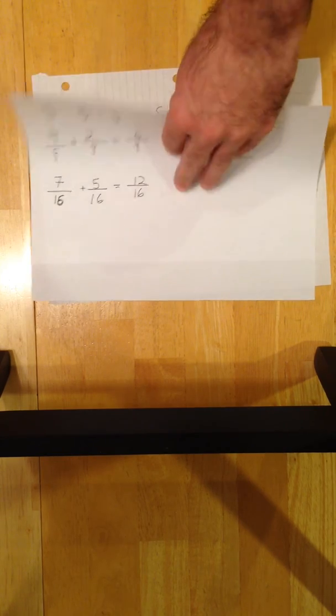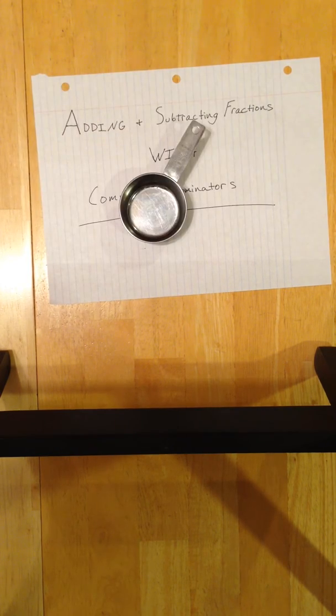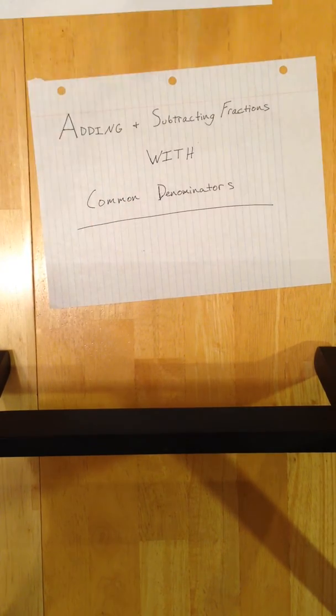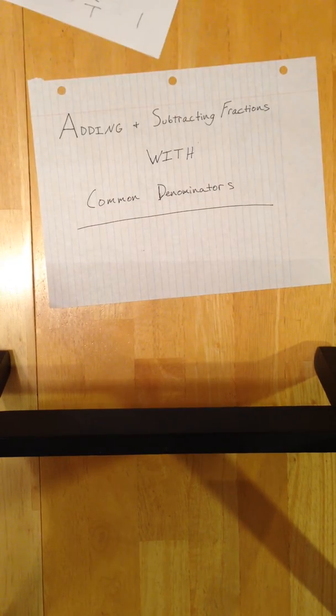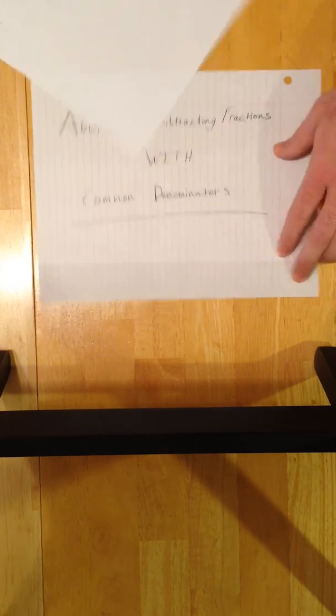So let's go ahead and we're going to go back and we're going to talk about the problem I presented at the beginning with the cup, okay? With you needing to get 1 cup and you only have a measuring cup of 1/3. So how many times do you need to fill up this measuring cup that measures out 1/3 of a cup to equal 1 cup? Well, we should know that's pretty easy. So it's just adding, so we need to add 1/3 and 1/3 once, right? That equals 2/3.